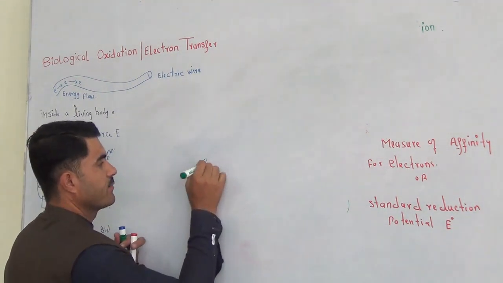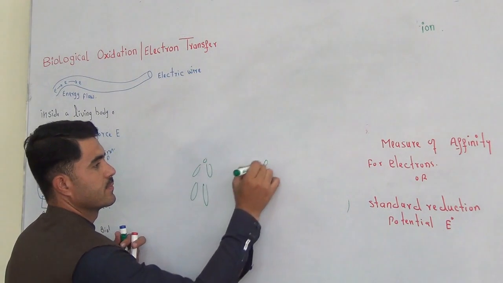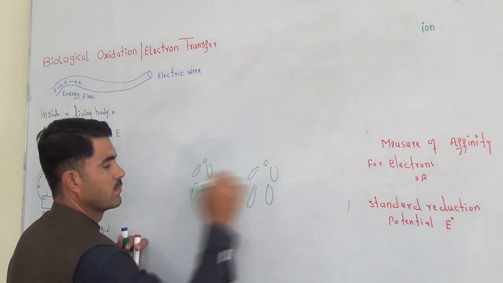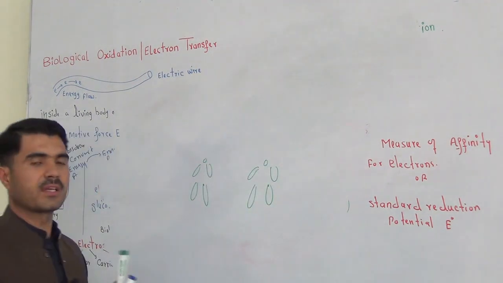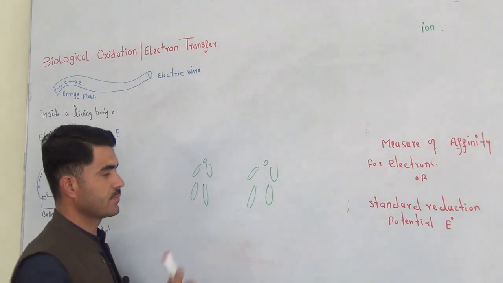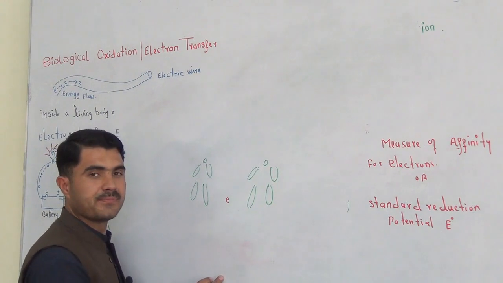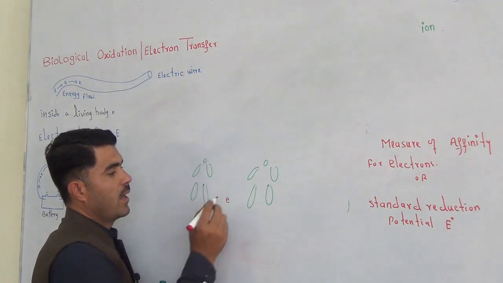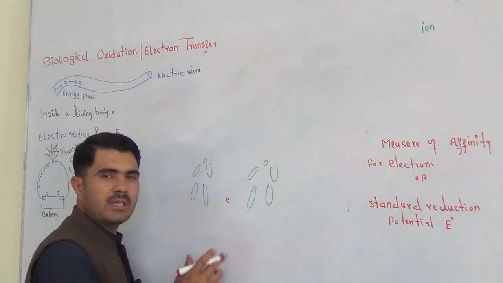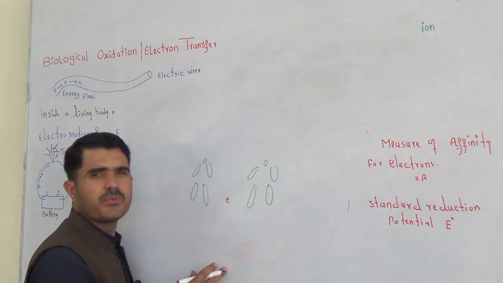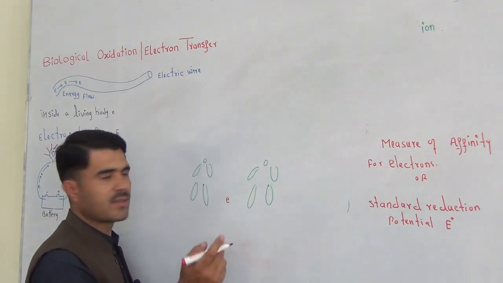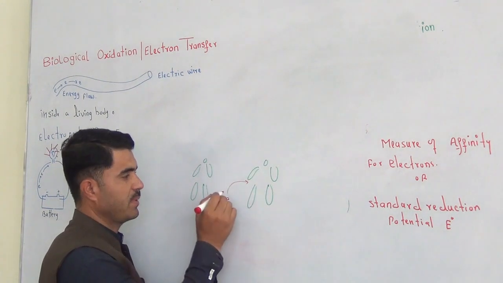If we say these are two persons, and there is an electron, for example, a student will feel a little bit of confusion. He or she cannot decide whether the electron will be given to this person or to this person.